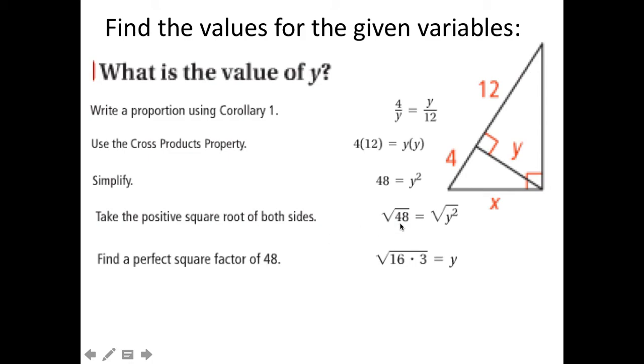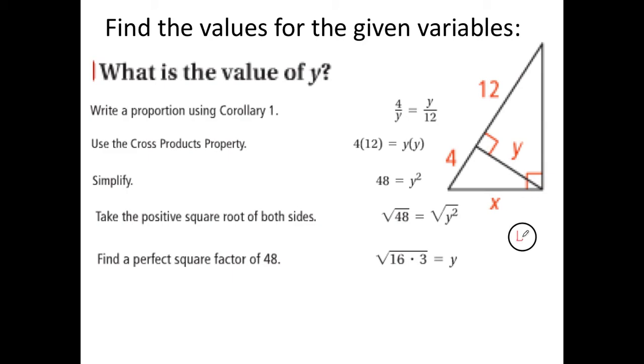Here we cannot square root 48 and get a pretty whole number. So what they're doing is finding factors of 48. They're saying what times what gives me 48, and I can square root it. So it looks like the factor is 16 and 3.